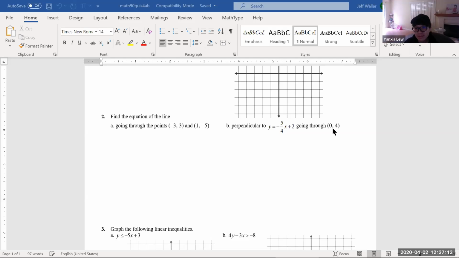Why? There's a zero. Because of the 0, it's the y-intercept, which means you know what b is going to be for your line. Do you see that? So I know b is going to be 4. All I still need is m. And I tell you it's perpendicular to this line here.